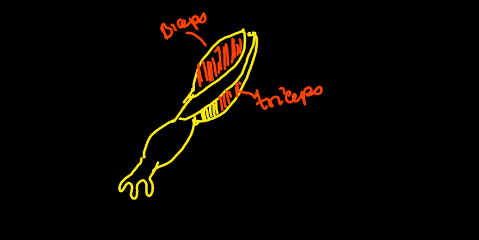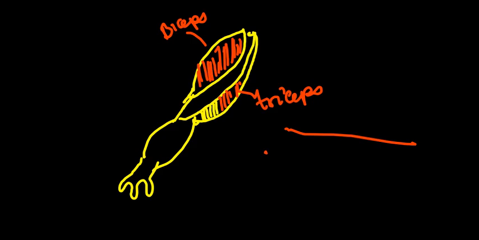Okay, so what happens when you want to actually straighten your arm? We've already looked at the location. So the function of the triceps is to extend the forearm. Extending means they are literally stretching that forearm at the elbow joint.